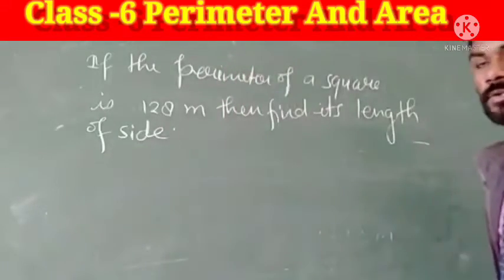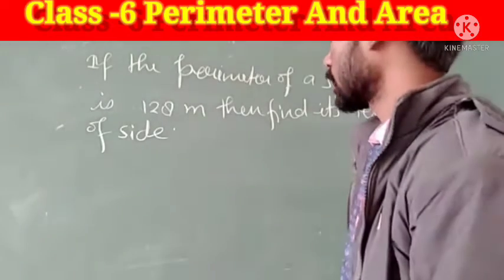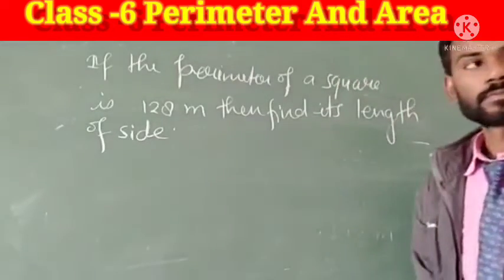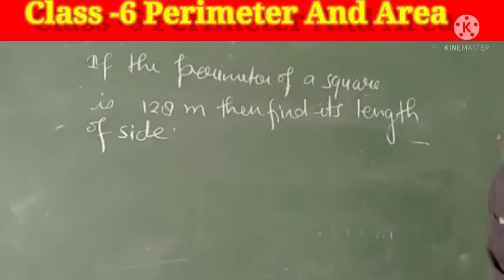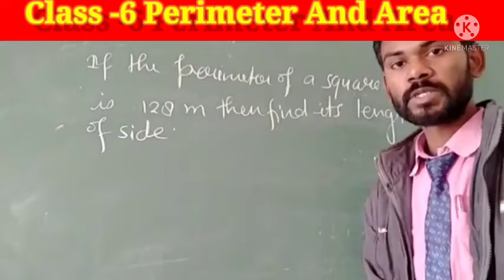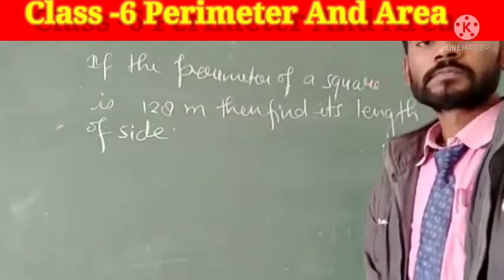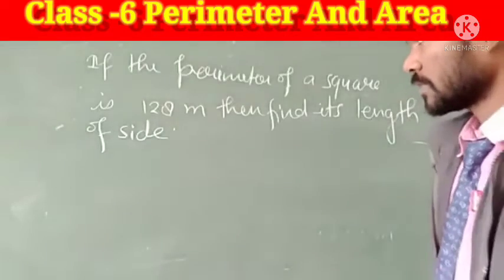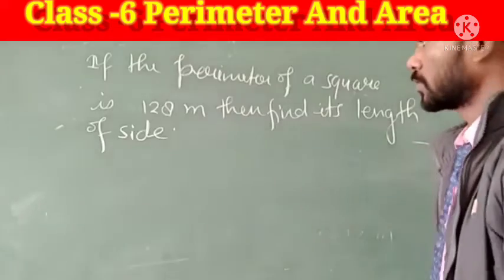Sometimes the question may also be asked like that. So just try to understand what the question wants to say. In this question, the side of a square is not given, which means that we have to find the side of square. The perimeter that is given here is 128 meter.